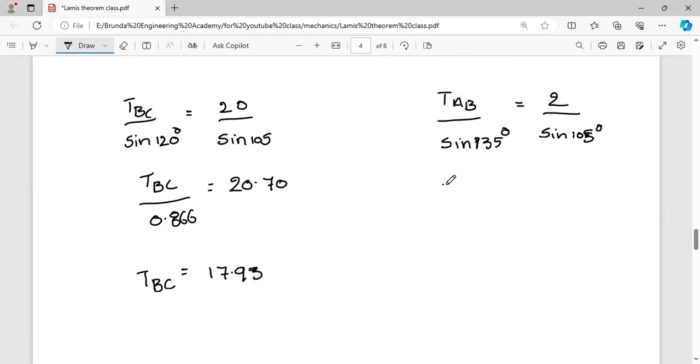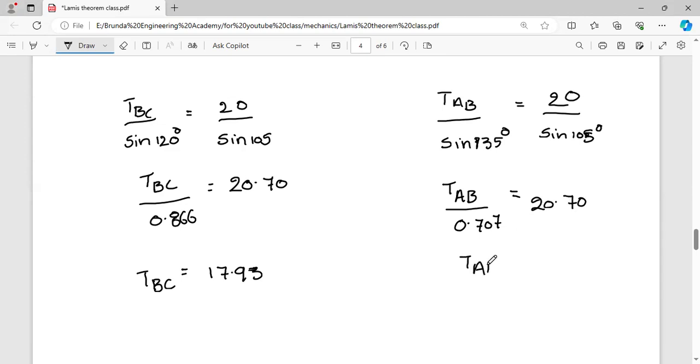Next, coming to this case, TAB by sine 135 degrees, that is 0.707, equal to here 20 by sine 105 degrees, that is 20.70.